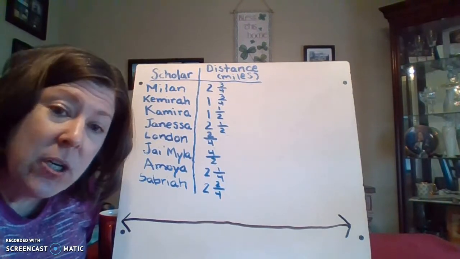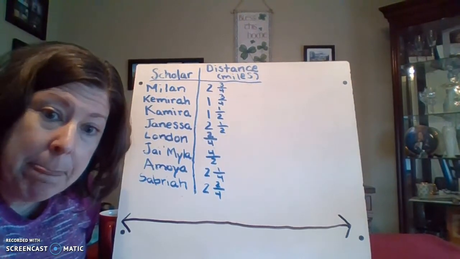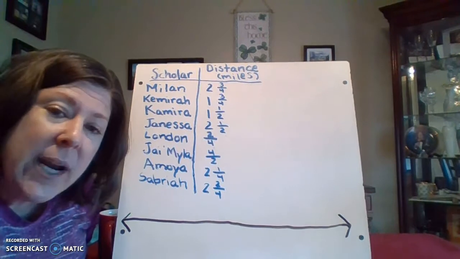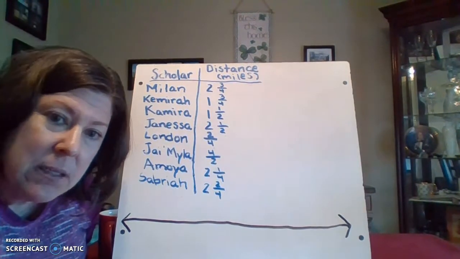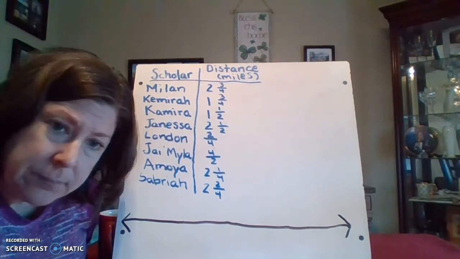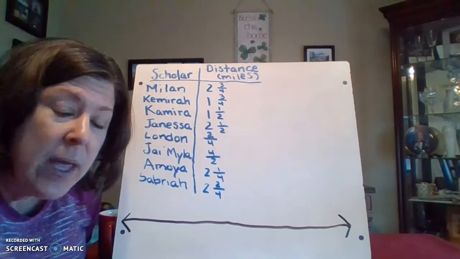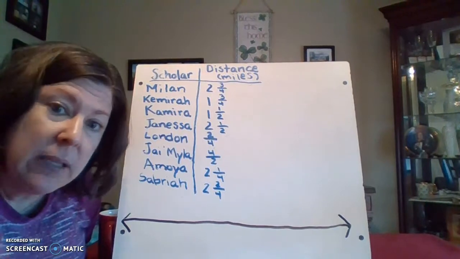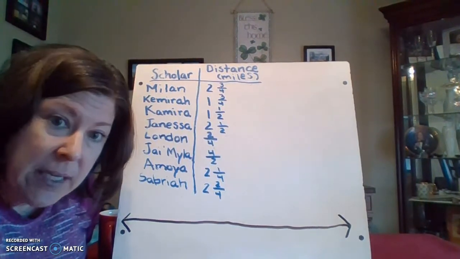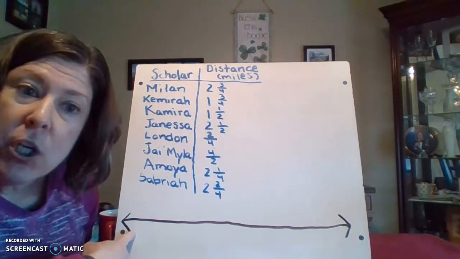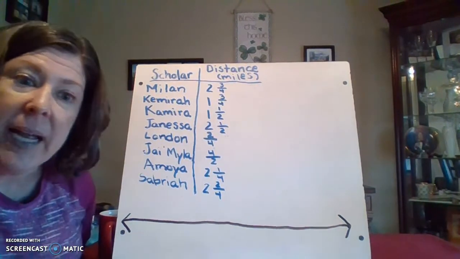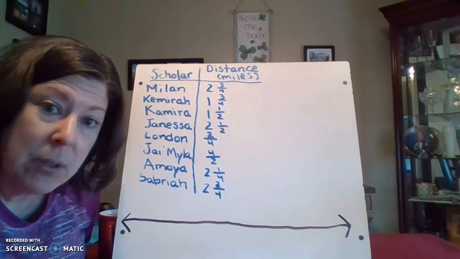So what I want to do is set up this data on a line plot, which starts out basically as a number line. When I first look at my mixed numbers and fractions, I need to think about what is the highest value and what is the lowest value, because that's going to determine the two ends of my number line.